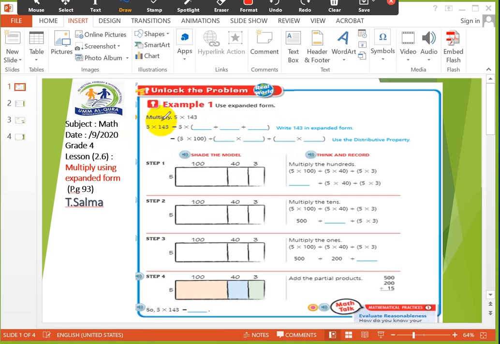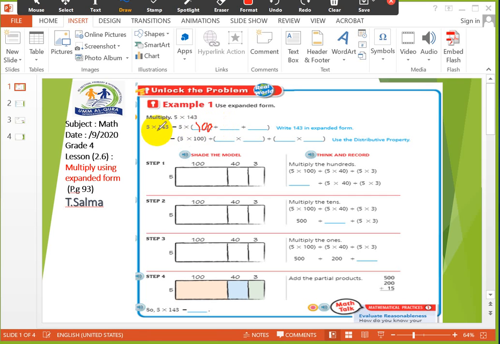So let's start. First, I will write this number 143 in expanded form. First, I will write the number in the hundreds digit. 1 multiply 100 equals what? 100, right? 1 multiply 100 equals 100. You can share with me on the chat.